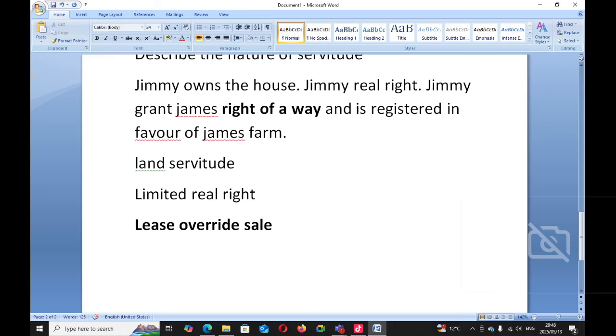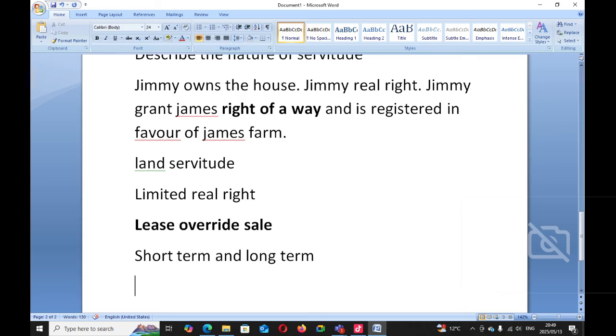I said that if Jimmy is registering the servitude in favor of James, who is him, then it's a personal servitude. If it is James's farm, it's a land servitude. Now, in the lease overrides sale, leases are made up of two: short term and long term.